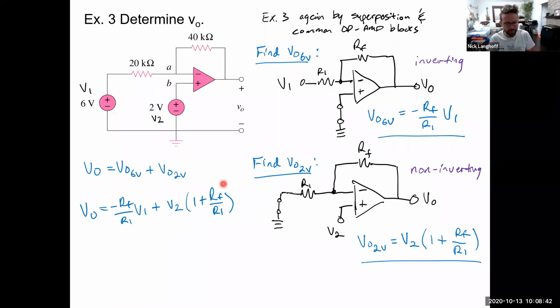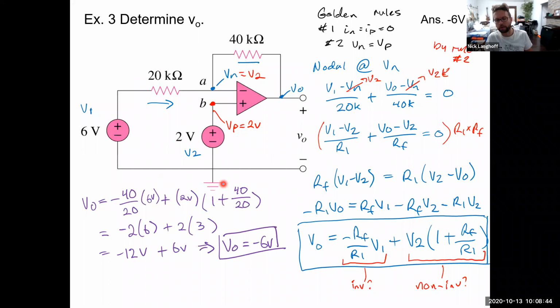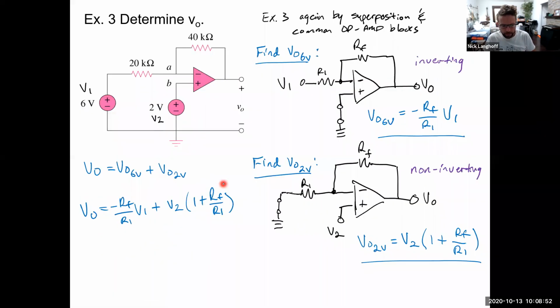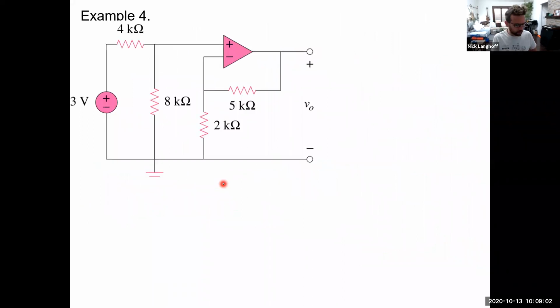Okay, that's the same exact formula we arrived at starting this with basic principles. So there you have it, and we could plug the numbers in, we get the same value. It's minus 6 volts.